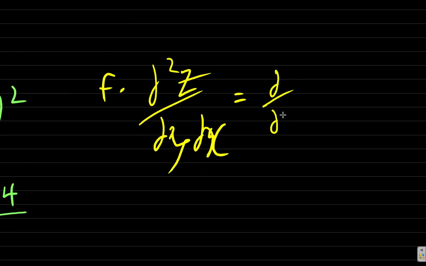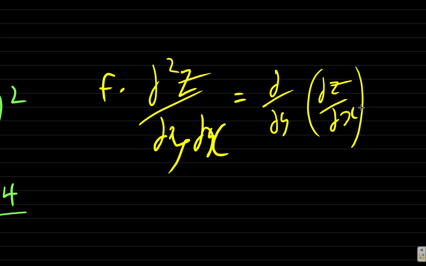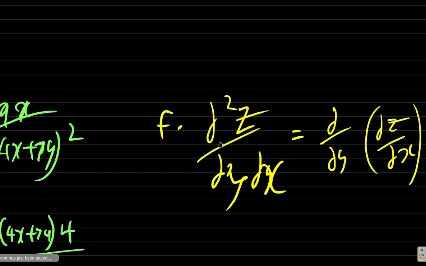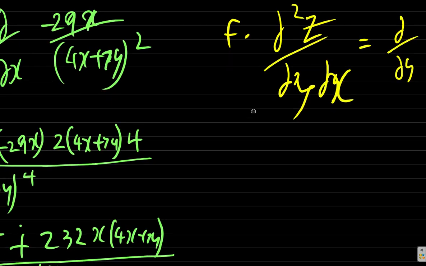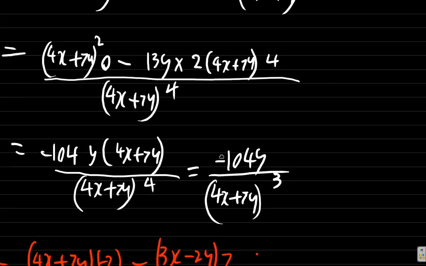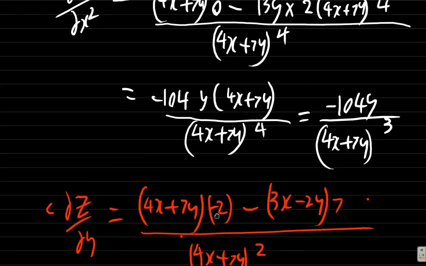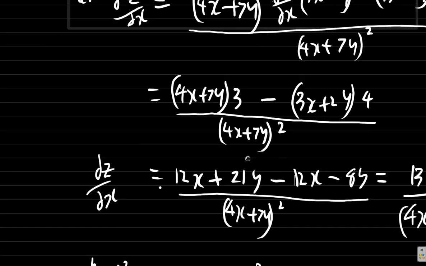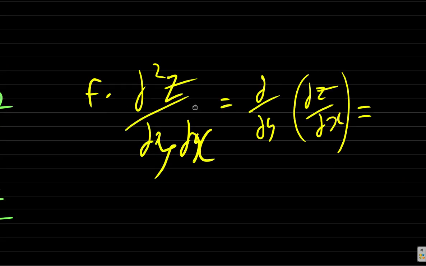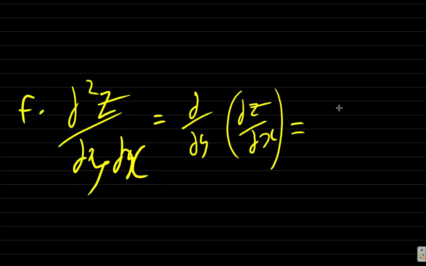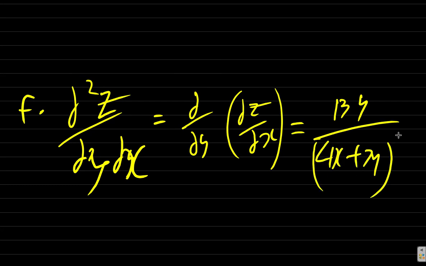This is delta by delta y of delta z by delta x. Where is delta z by delta x again? Delta z by delta x is 13y over 4x plus 7y squared. So that's 13y over 4x plus 7y all squared.